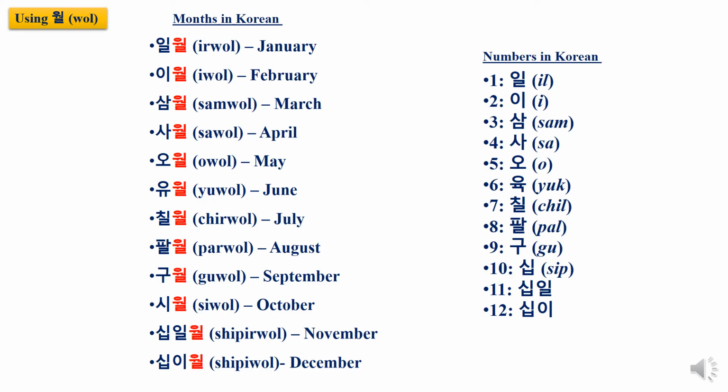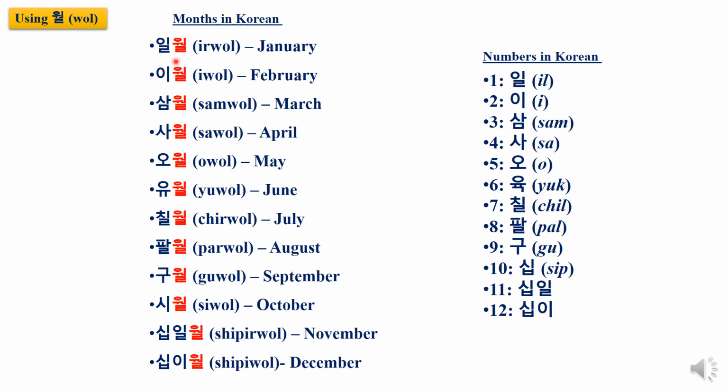Months in Korean. So now we know how to say 1 to 12 in Korean. Il, I, so forget the red ones, just the numbers. Il, I, Sam, Sa, O, U, Chil, Pal, Gu, Ship, Ship Il, Ship I. So if you remember the numbers, you just have to add wal on all of them.